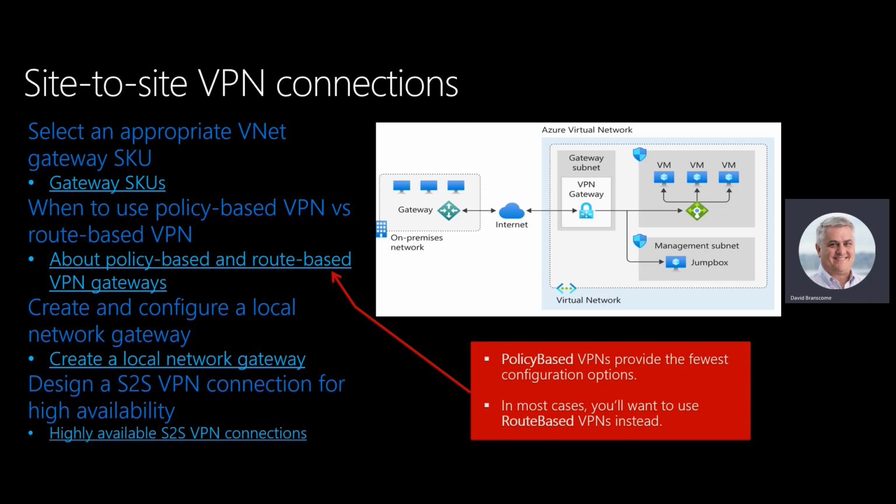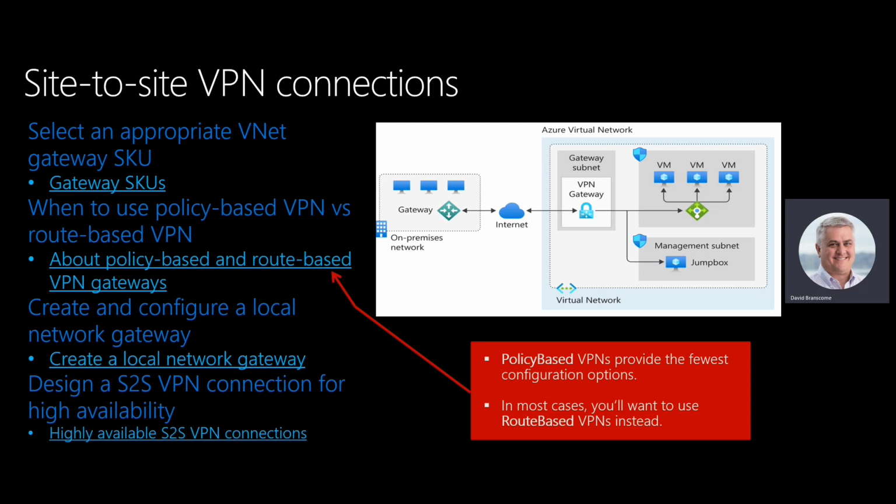A site-to-site VPN is used to connect to trusted networks. So in this case, in the diagram, you've got your on-premises network and the network that's been built in Azure. When you're integrating your on-premises network with Azure, there needs to be some kind of a bridge between them.